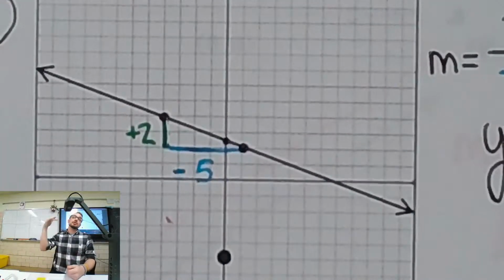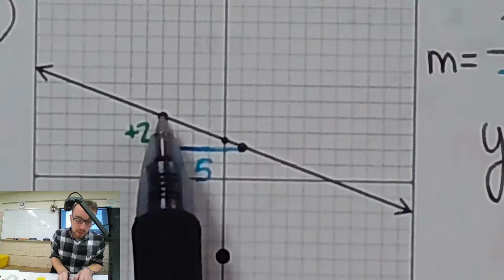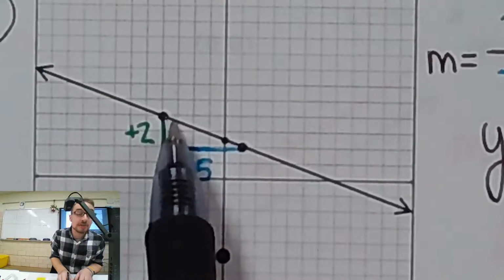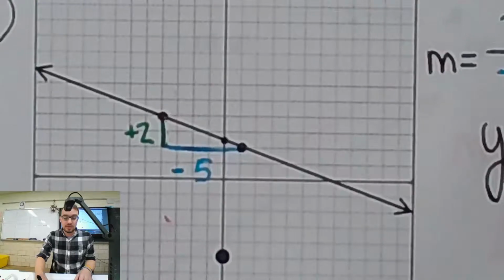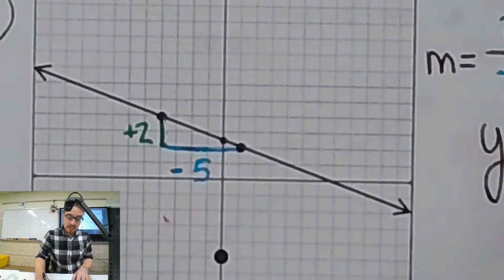Our slope is -2/5. So that means when we go to the right 1, we go down 2/5. It's a different way to think of slope. Think of it all as one number instead of 2 separate ones. Instead of thinking of it as rise over run, take it all at once.